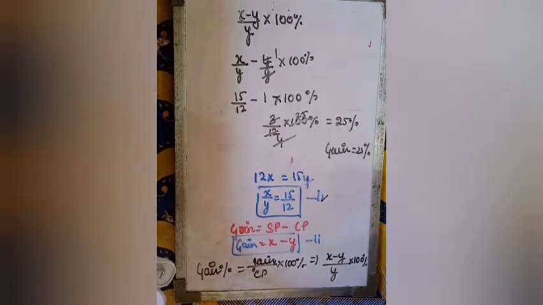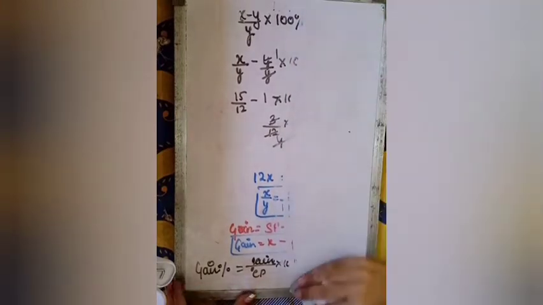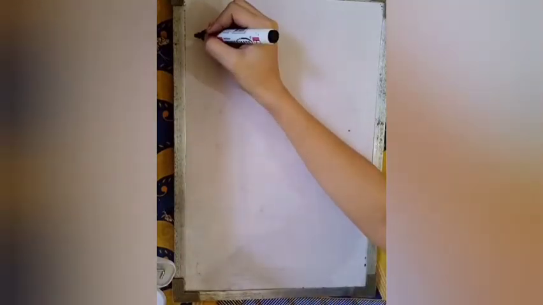Now move on to question number 8. Question number 8 is similar to question number 7, but here we have the loss. Now see question number 10. Question number 10 says on selling a sofa set for rupees 21,600, a dealer gains 8%.